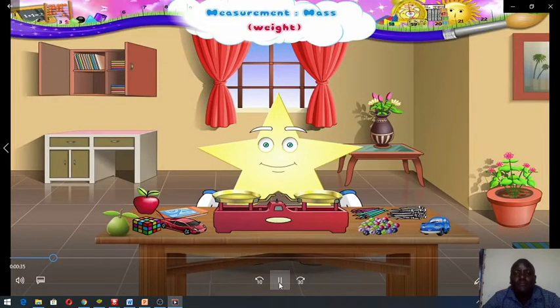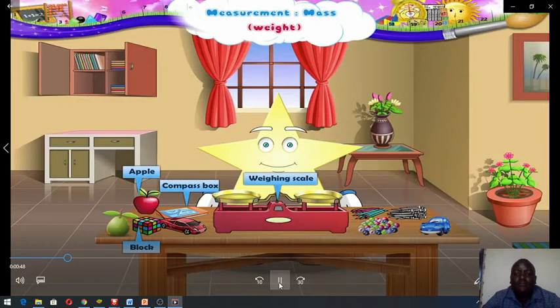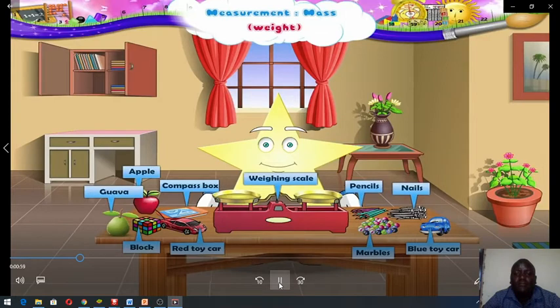But first, let us see what things are kept here. There is a weighing scale, a compass box, a block, an apple, a small blue toy car, a small red toy car, marbles, nails, a guava, pencils.